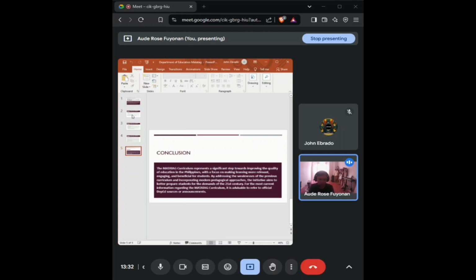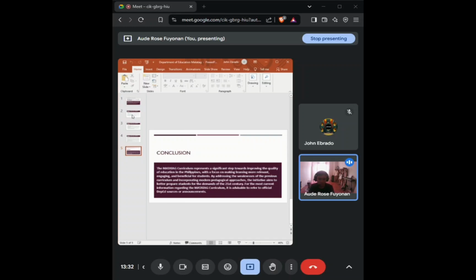So it also addresses the weaknesses of the last curriculum, and it uses the modern approaches of the 21st century. This aims to better prepare the students for the demand of the 21st century.